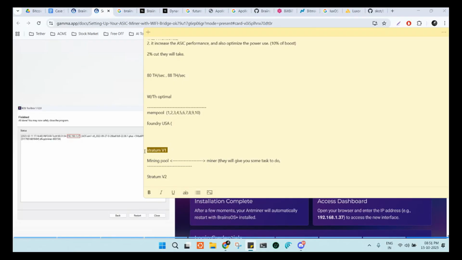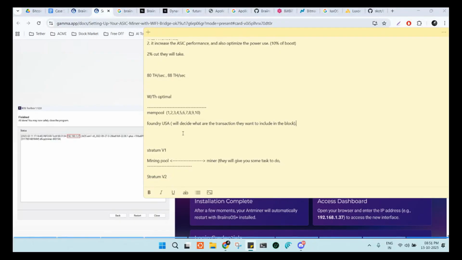So what does it mean? In Stratum V1, only Foundry USA will decide what transactions they want to include in the block.